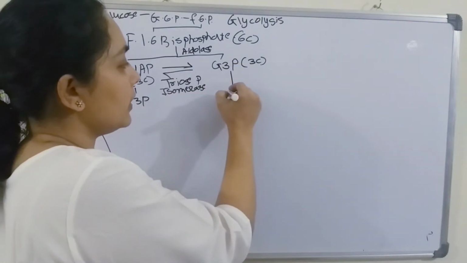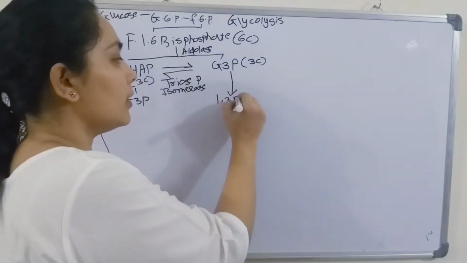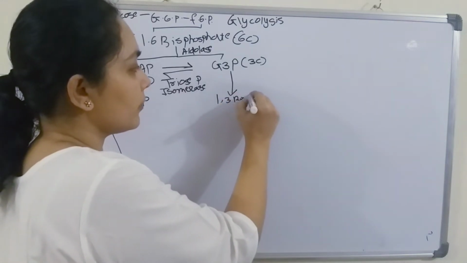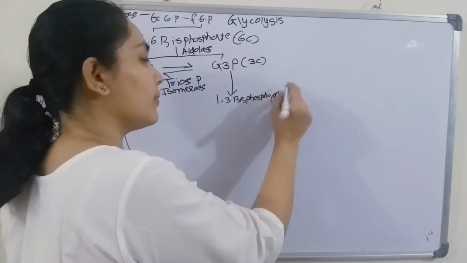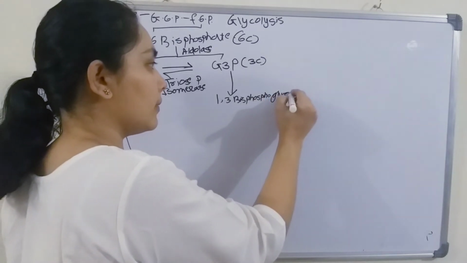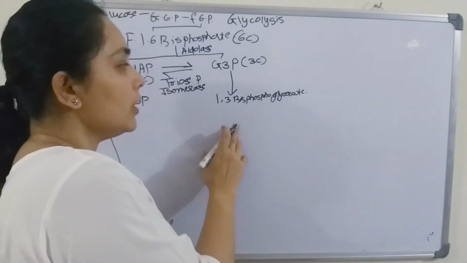Glyceraldehyde 3 phosphate will convert to 1,3 bisphosphoglycerate. Okay, 1,3 bisphosphoglycerate.